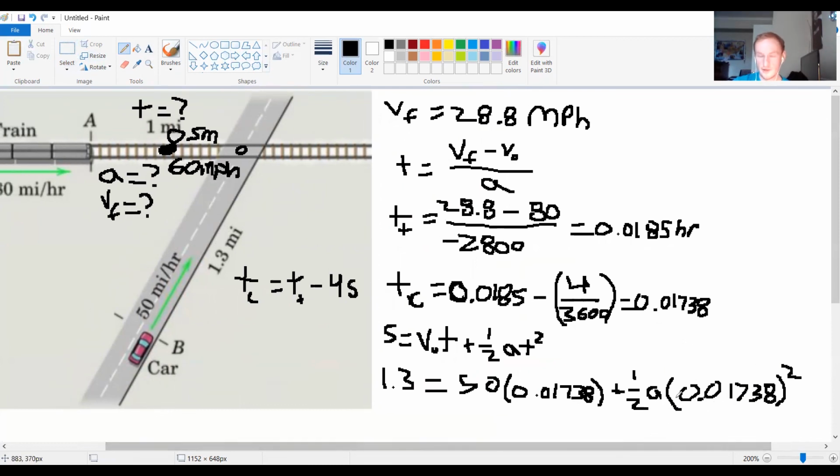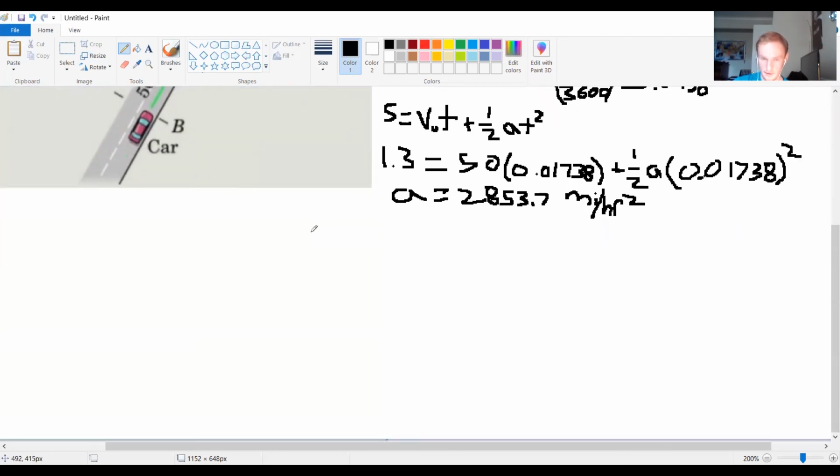And if you rearrange everything, you're going to find out that A is equal to 2853.7 miles per hour squared. Okay. And then we're going to continue on with just one more thing.